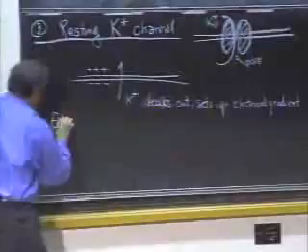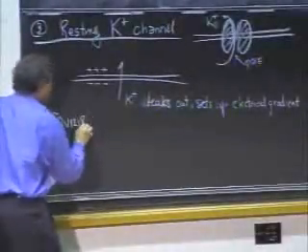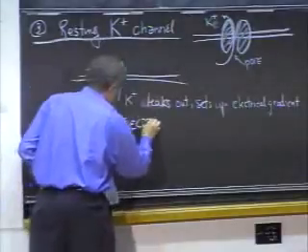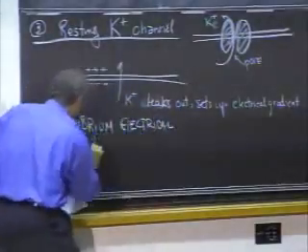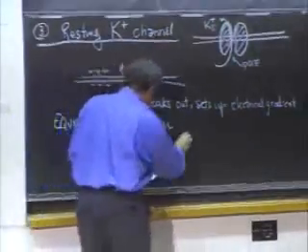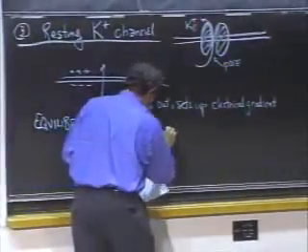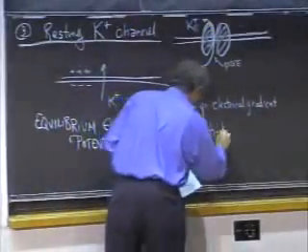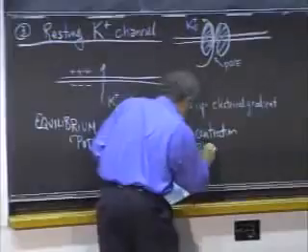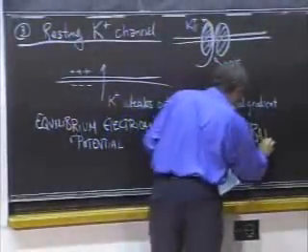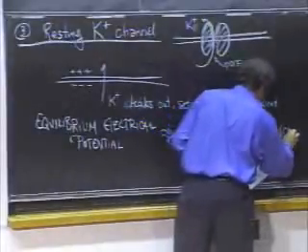An equilibrium electrical potential is reached when the concentration gradient exactly offsets, when it balances, the electrical gradient.